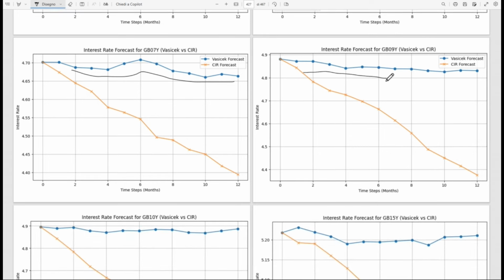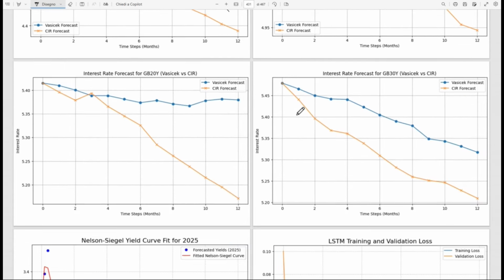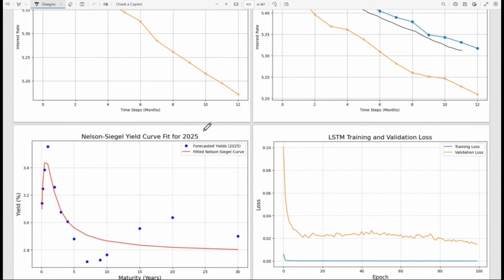The Vasicek model is a more complete model because it accounts also for negative yields. Anyway, the CIR model gives us more hope that maybe the cost of borrowing will go down in the next months, but the Vasicek model keeps it at the same level: 4.9, 4.5%, slightly decreasing, but still at a very elevated level.